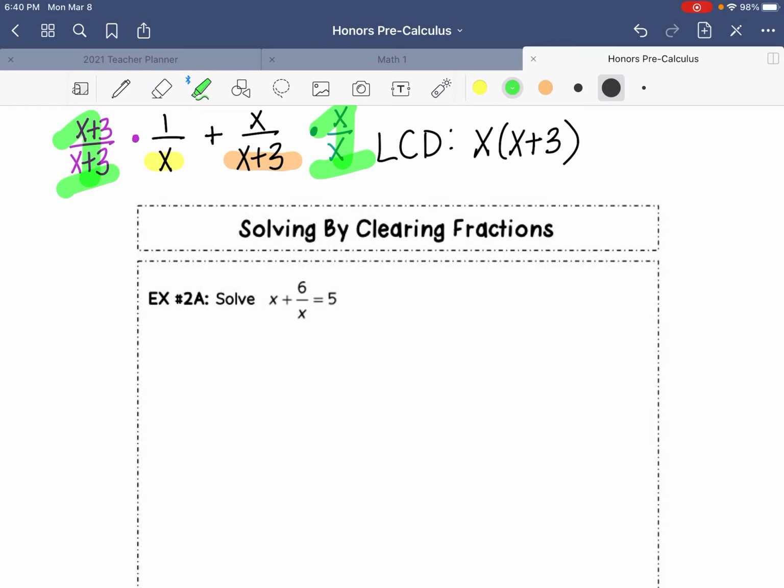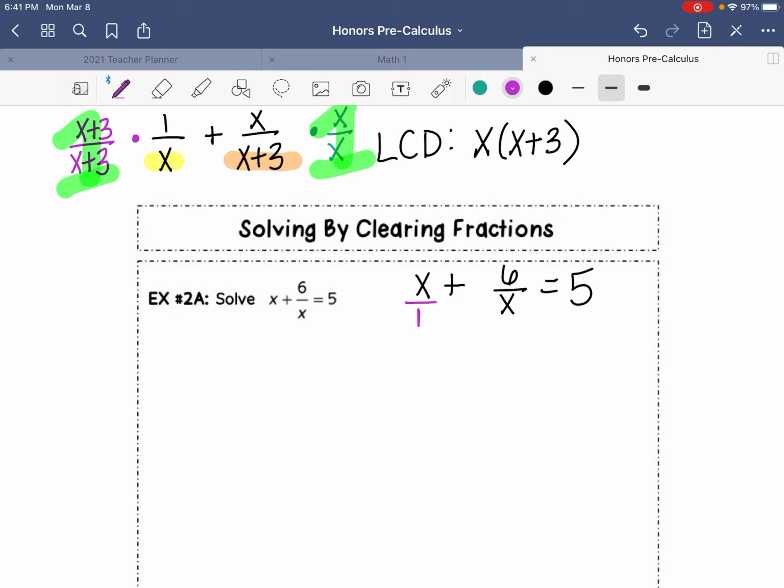But the least common denominator is having all of the denominators represented and all of the expressions represented, okay? So, from there, we're looking at this problem. I have x plus 6 over x equals 5. What I notice here is I need to turn this into a fraction.